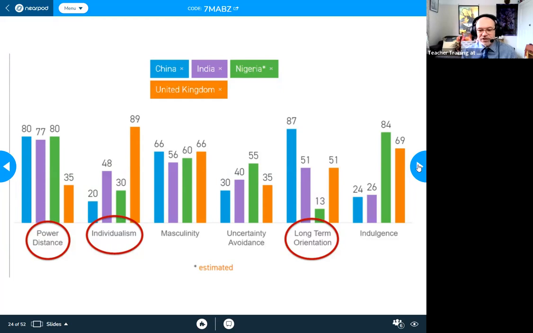But in other cultures, the distance between you and your manager is very, very great. They are seen as somebody very distant, very remote, somebody to be respected and not to be challenged or to disagree with, but to be obedient towards and to follow relentlessly. And so this is where culture is different, and you can see there's quite a significant difference between the power distance of the UK and the power distance of the other 3 countries in question.